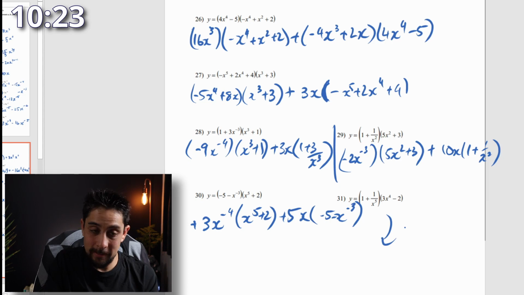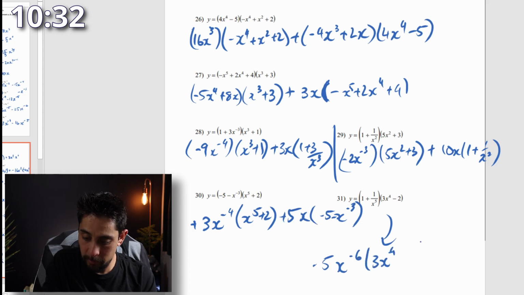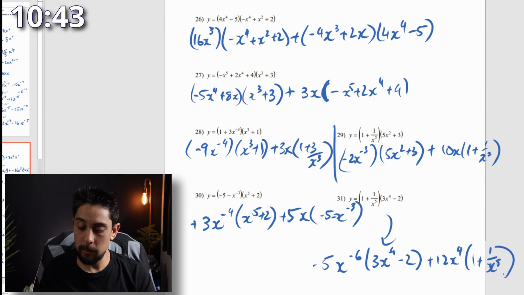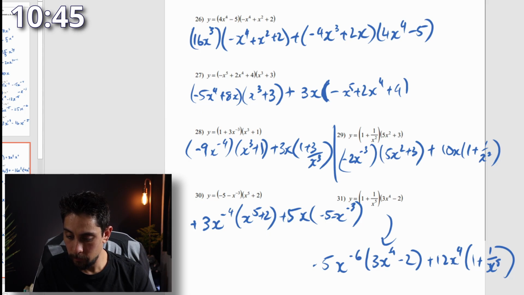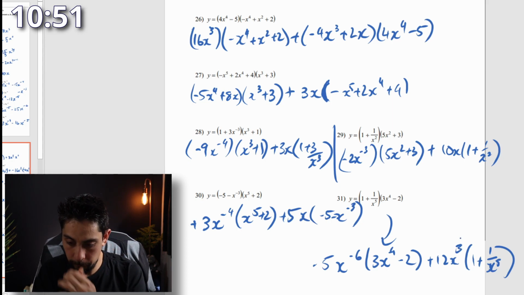And then the last one down here, still on screen, excellent, negative 5x^-6, 3x^4 minus 2 plus 12x^4 multiplied by 1 plus 1 over x^5. There we go. That should be 12x^3. 12x^3. Something just didn't feel right there.